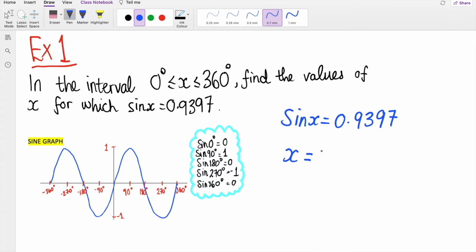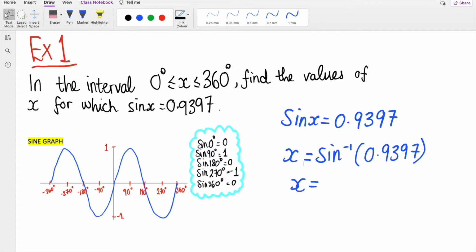To do this, we need to do inverse sine. This is always your first step in these types of questions. If you type inverse sine of 0.9397 into your calculator, we get 70 degrees.